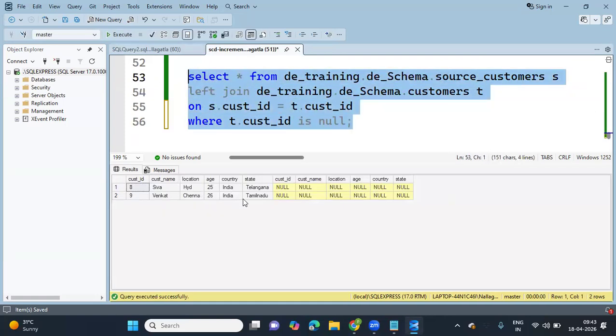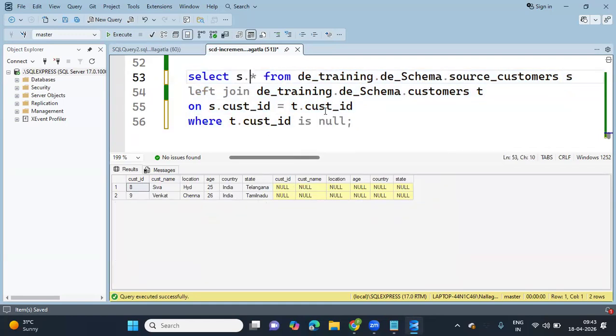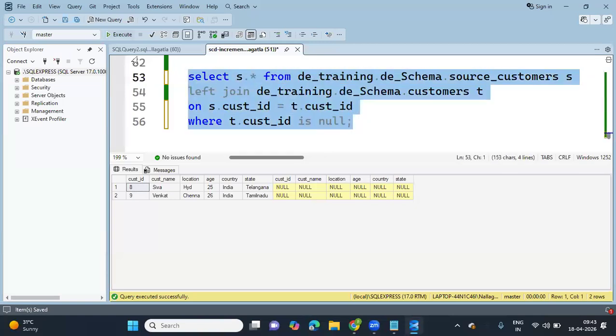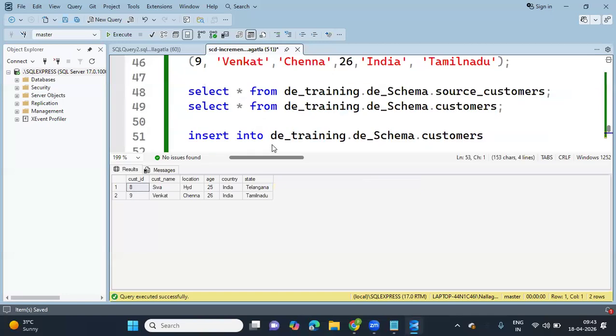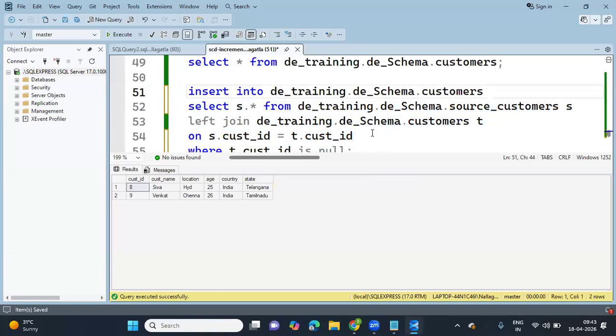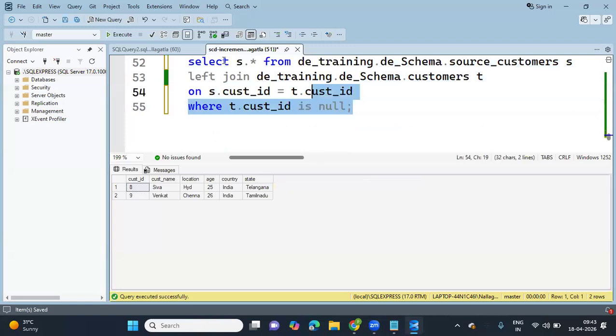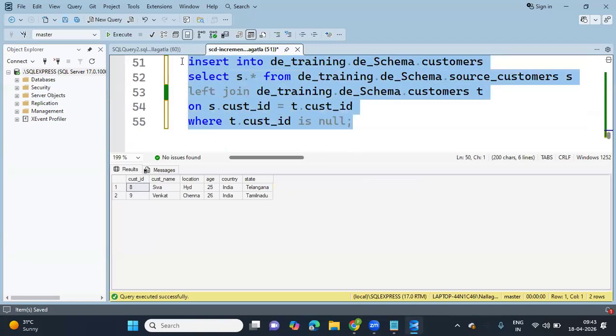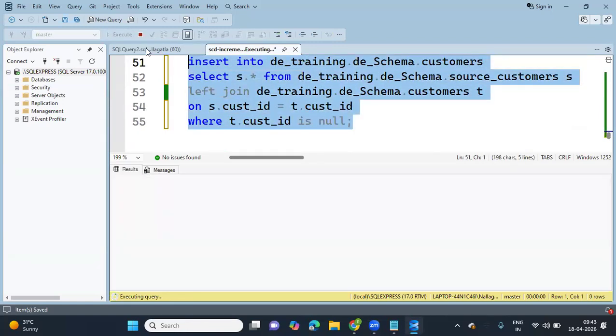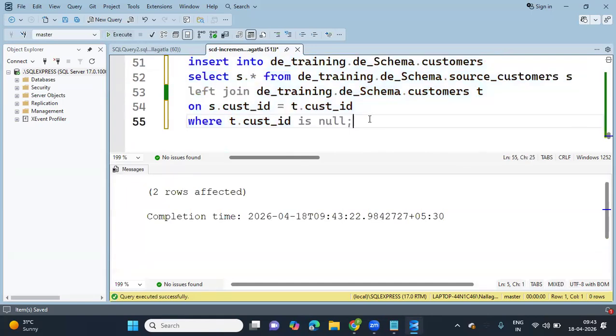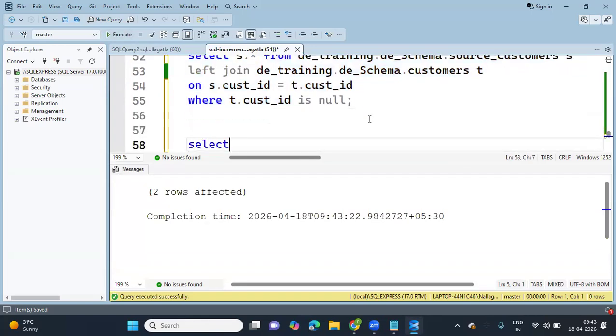Let's first confirm these are the 2 rows. I don't want the right side ones, so just select S dot star. Okay, we are getting 2 rows. Now combine this with insert. Okay, 2 rows affected.